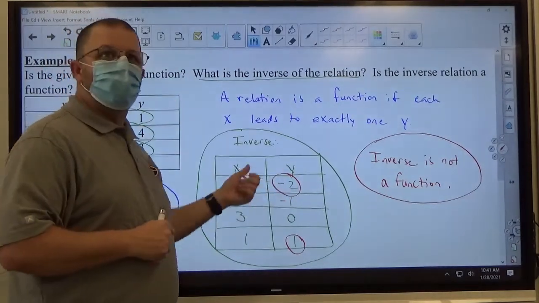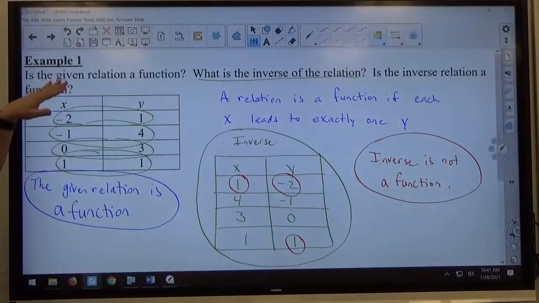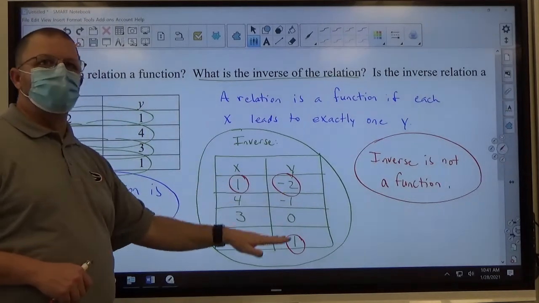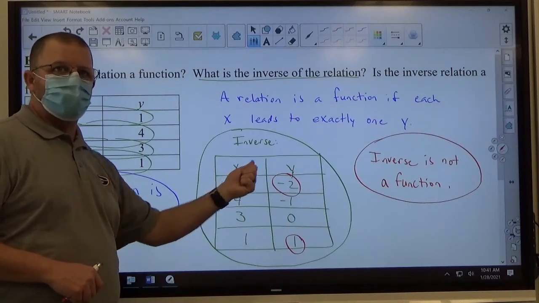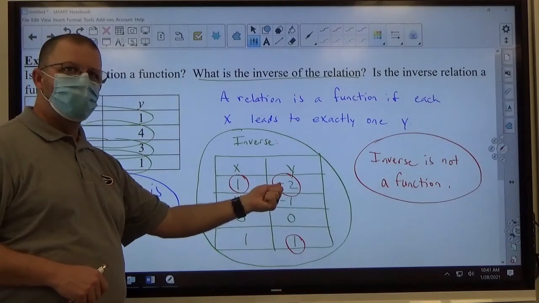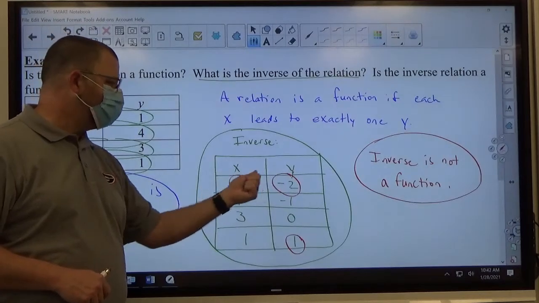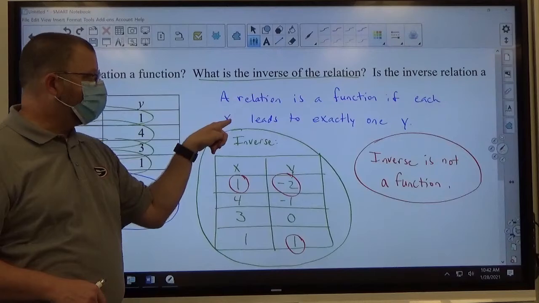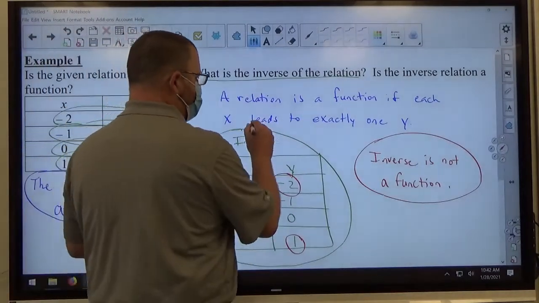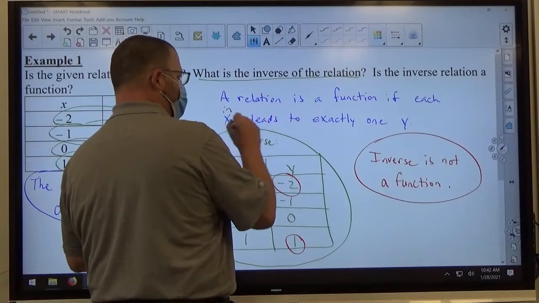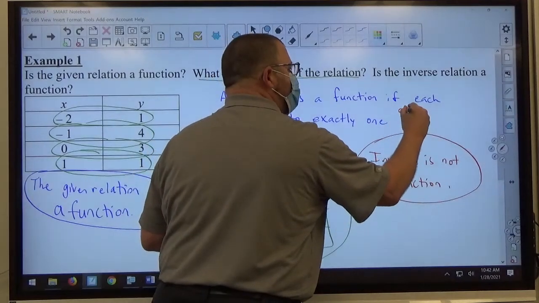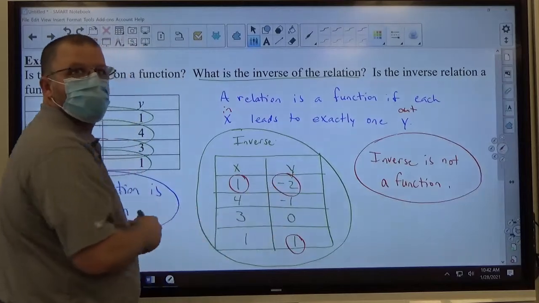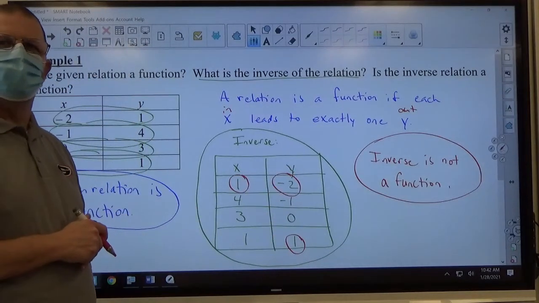So in this case, whatever equation would have made these points, if I invert that equation, it would have made these points. The input of x gets me an output of -2. Input x of 1 gives me both -2 and +1. So the x value leads to means that if I put x in, I get y out. And putting this one x in made 2 different values of y come out. Does that make more sense or no?